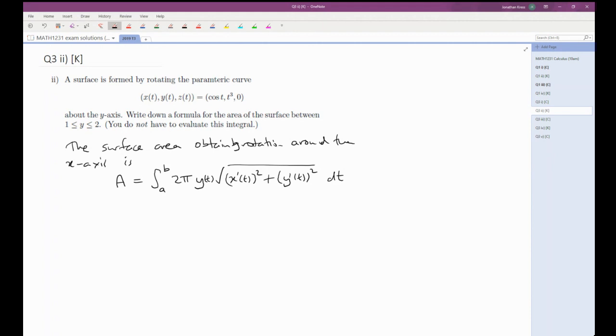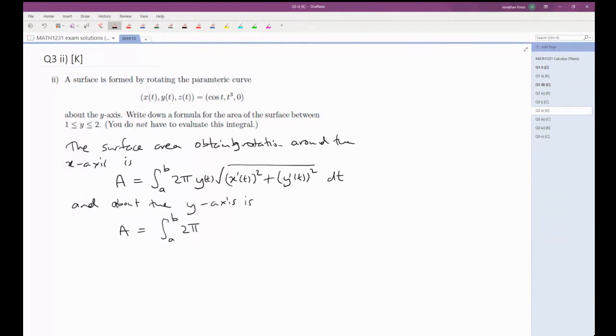Now, unfortunately, this is the wrong formula, because this is rotating around the x-axis. I'll show how you change it for rotating about the y-axis. The only difference is that you swap x's for y's.